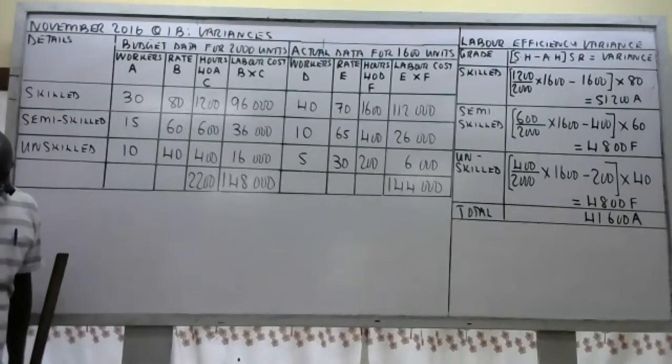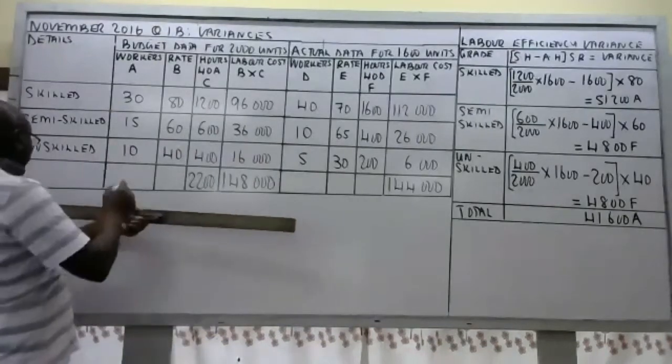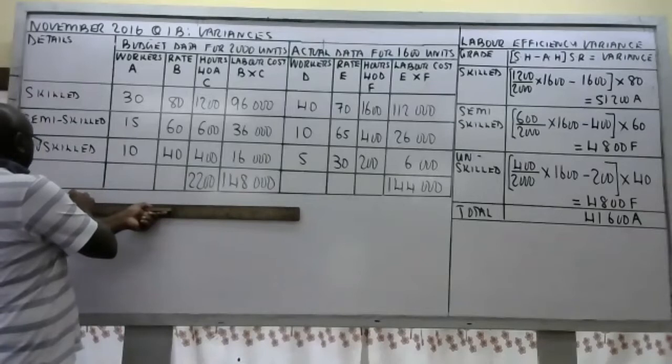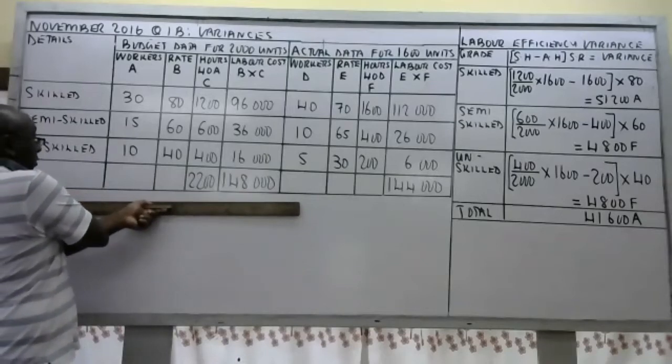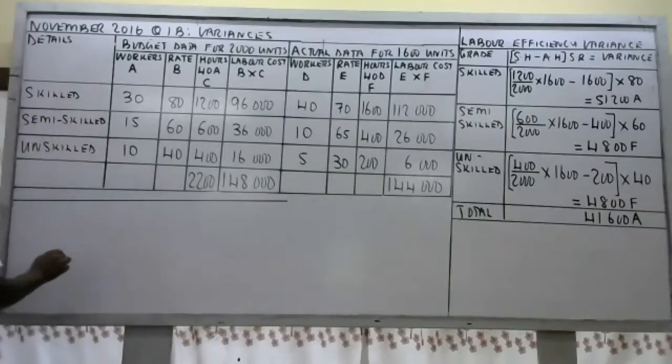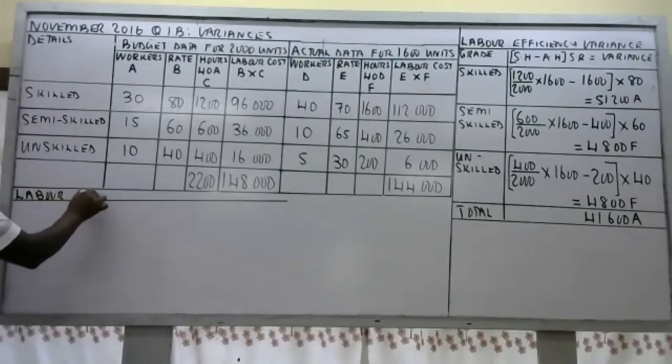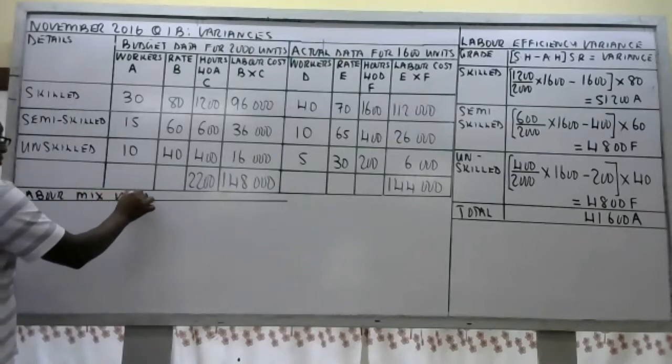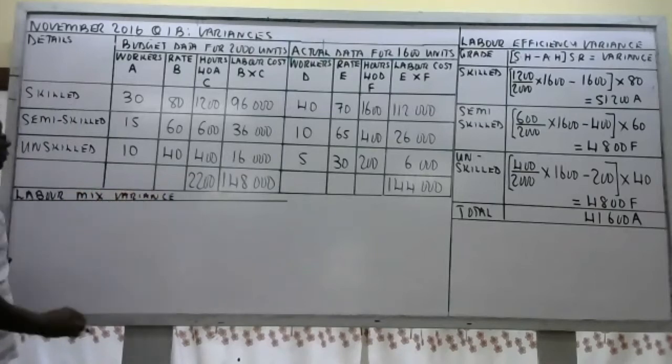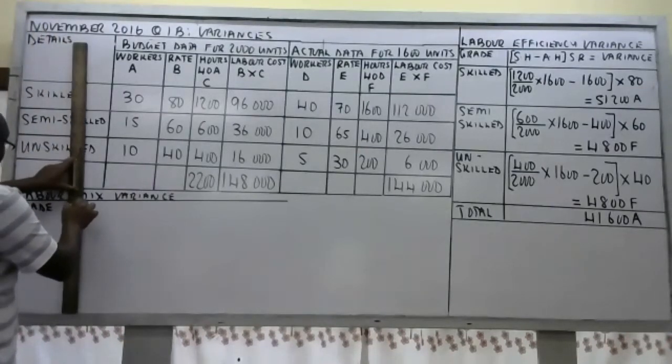So the next one is called labor mix variance. For the labor mix variance, again we have the grade here.